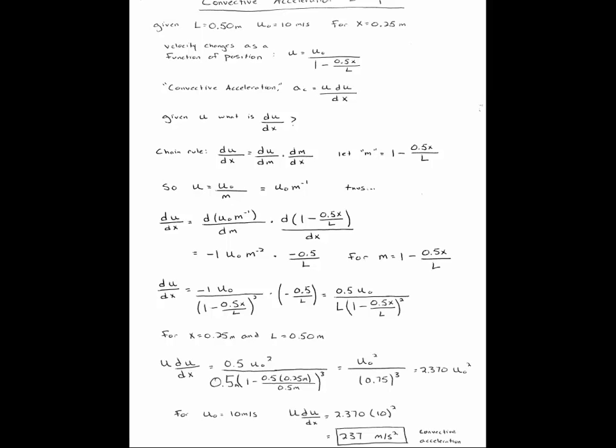Just making sure everything follows. Yeah, we're moving m back down to the denominator, so it's m squared, and we're substituting what m is equal to back in place of m. And then if we combine these two parts, it's 0.5 u naught over L times 1 minus 0.5 x divided by L squared.